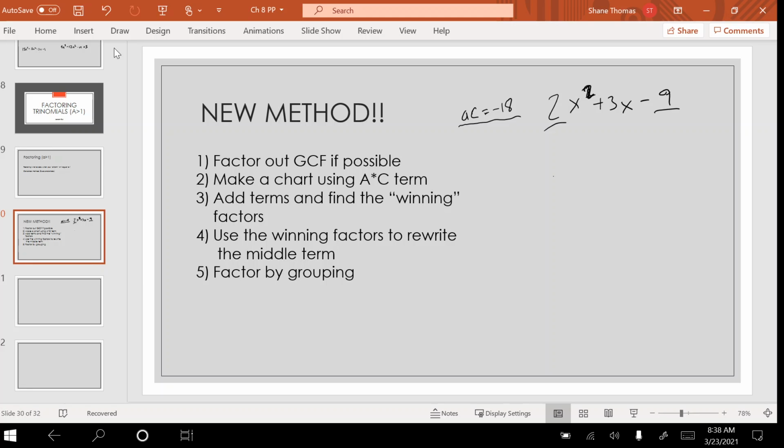Okay, I just multiplied my A term and my C term. Okay? Now, make our chart just like we did when we first started factoring. So we need this to be a -18, correct? Right?